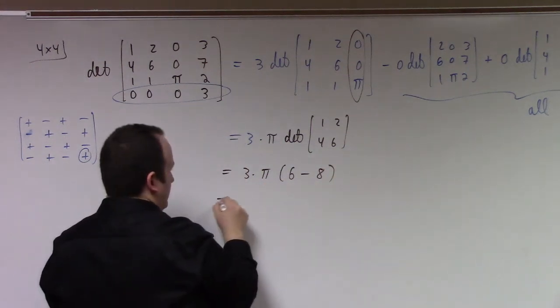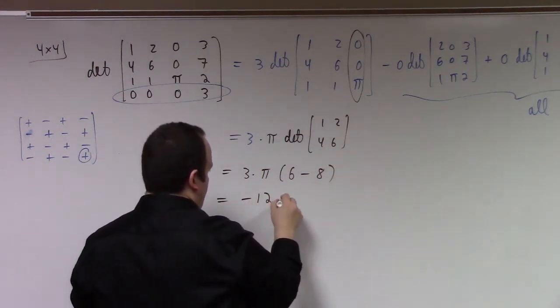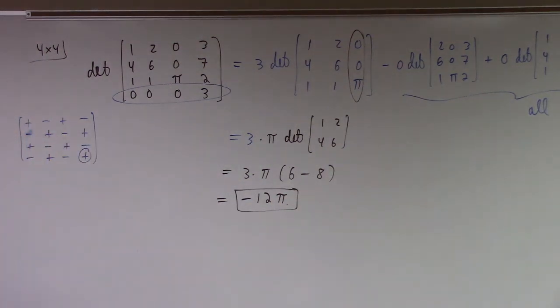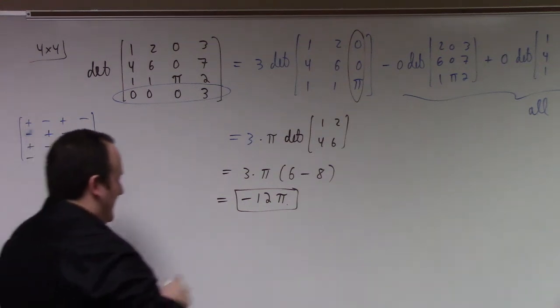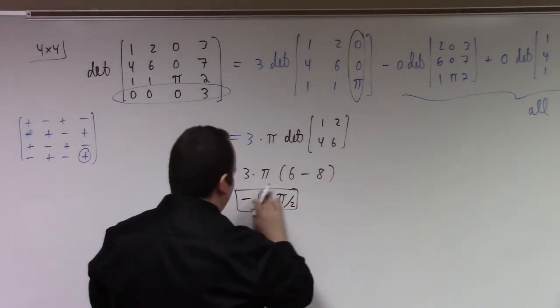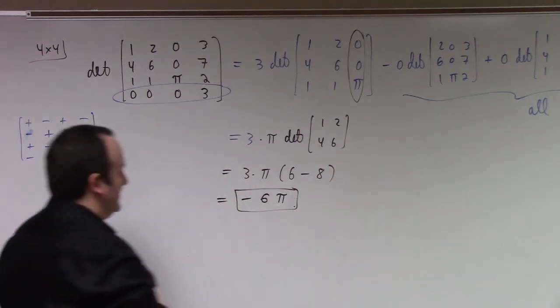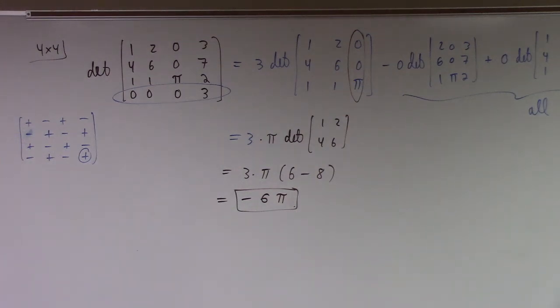So the answer is minus 12 pi. Oh, I'm sorry. Did I say minus? I meant minus 12 pi over 2. No, sorry. Yeah, no. You're right. You guys got me. Thank you. Much appreciated. So what would that mean?